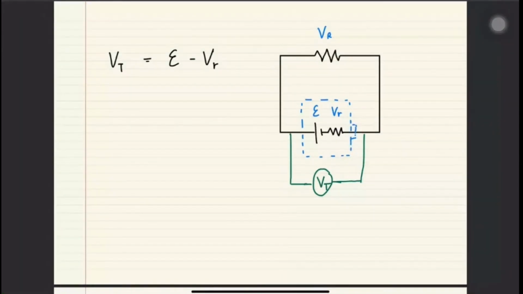Okay, and then kadang-kadang dia tak buat punya brackets tu, tapi dia label sebagai small r. So the small r here represent the internal resistance inside the battery. Okay, so this one adalah kamu punya EMF. Tapi bila kamu measure kat sini, dia dapat V terminal. Okay, and you can see from this one, V terminal ni is the one that we will get over here.